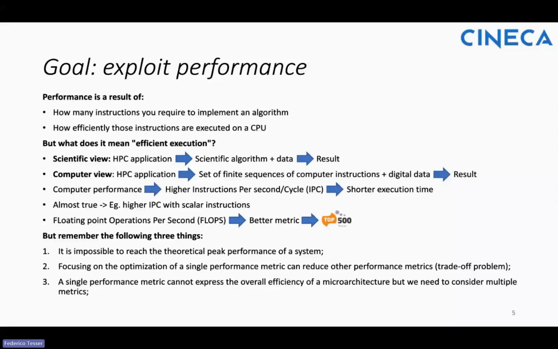Maybe from a scientific point of view, you just focus on the results to be obtained by your code, and usually you want them in as little time as possible. But from a different point of view, maybe from the underlying architectural point of view, you would also need to be able to exploit the maximum from the underlying hardware.